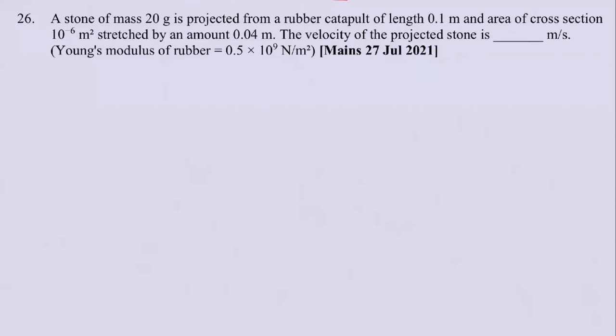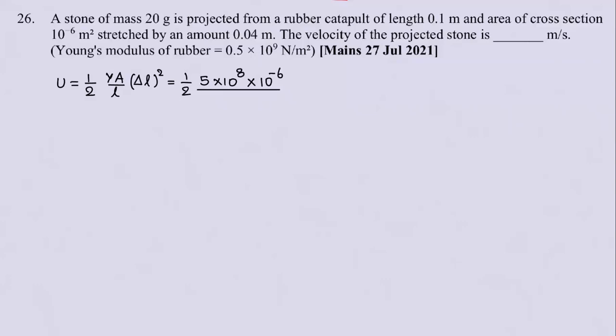See, the energy U is equal to half k x square, half k, what is k? Y A by L into x is what? Tell me, delta L whole square. That is equal to half Y, 5 into 10 power 8, because this is 10 power 9. So I made it 5 into 10 power 8. Y into what is area? 10 power minus 6.